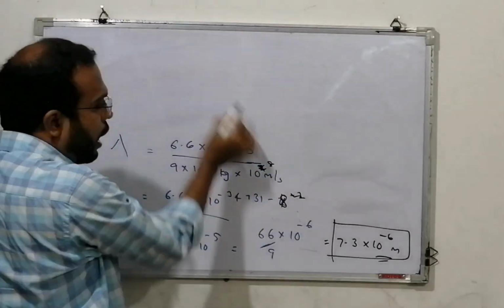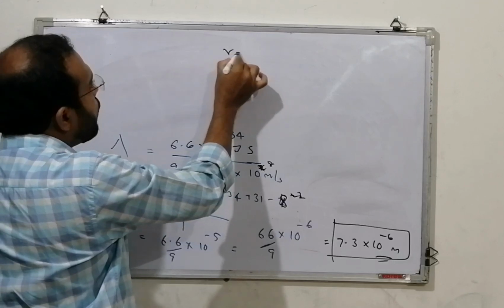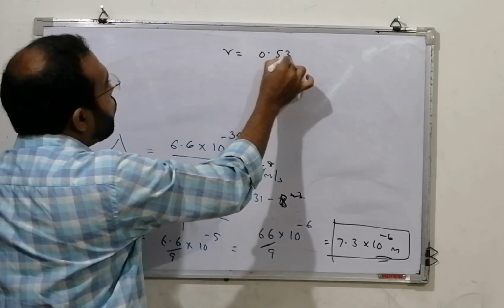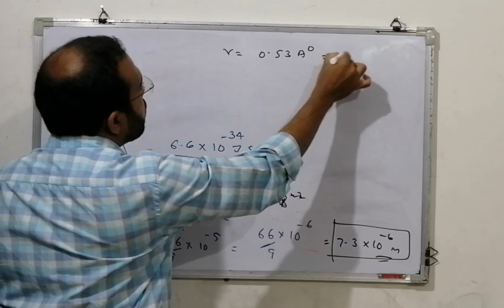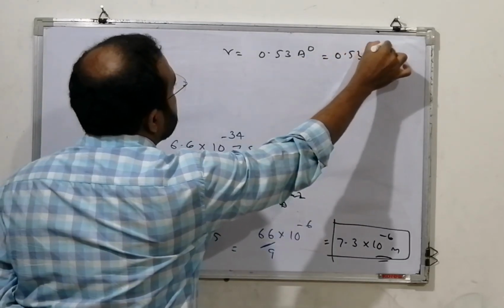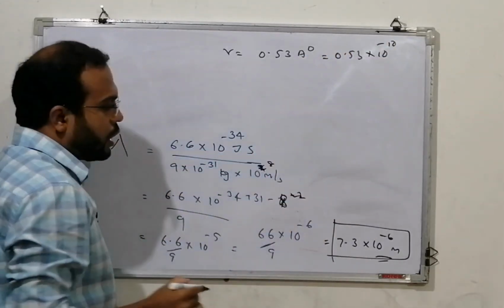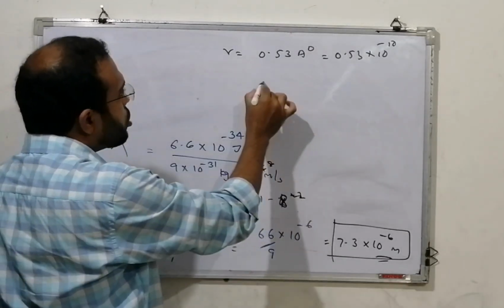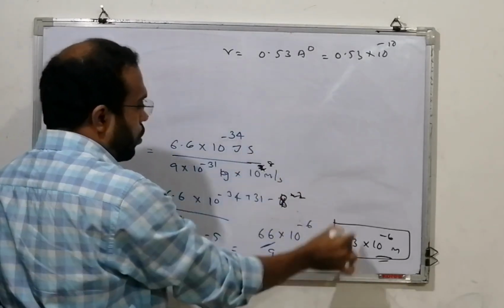What is the radius of an atom? Radius of an atom is 0.53 angstrom, or 0.53 into 10 raised to minus 10. Now you take the ratio.